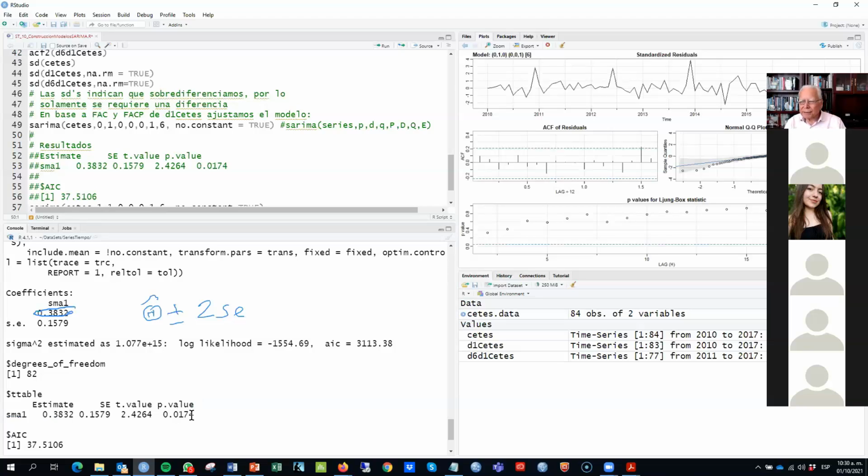The p-value is 0.01. This p-value is testing the hypothesis, again, it's always the same. In this case, it's only one parameter, that capital theta equals 0 versus the alternative that theta is different from 0. So that's a significant value.